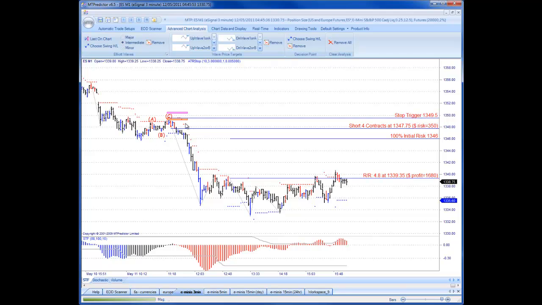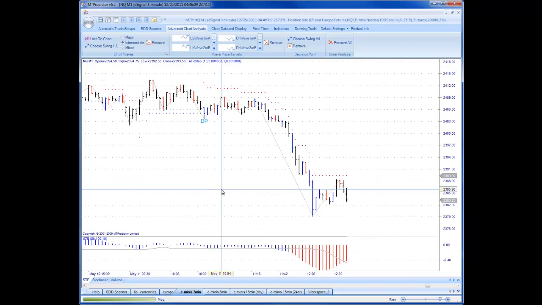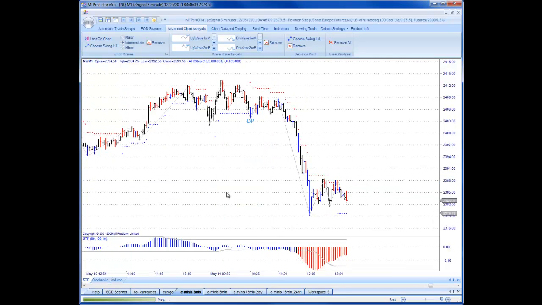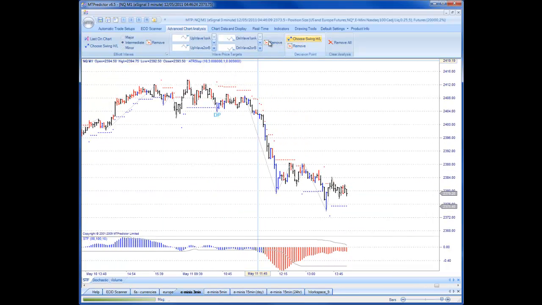So the tools in the software are there for the more experienced and advanced traders among you to catch trades like this, but overall it was a very good day yesterday for MTPredictor users, particularly for the standard traders that, as we've seen, should have been approximately plus 5R profit overall on the day on the four US E-minis. Then for the advanced traders there was a potential short trade there, and also on the NQ, which I particularly liked, if I scroll out for the whole day, was the high volume VSA spike that nailed the very high of the day.